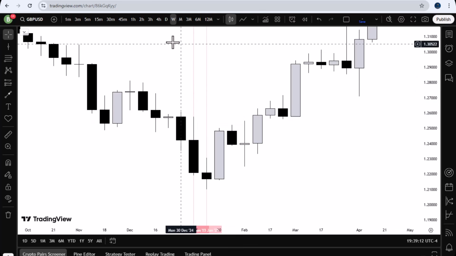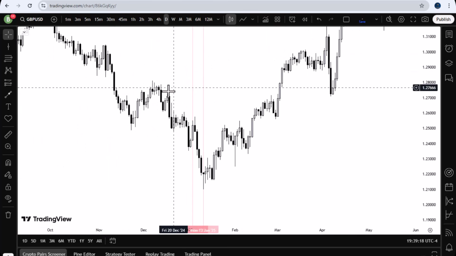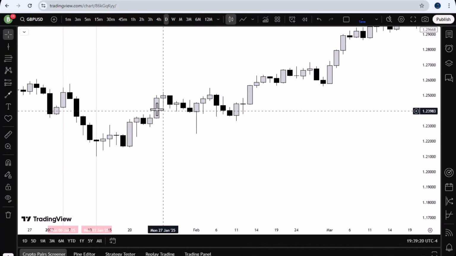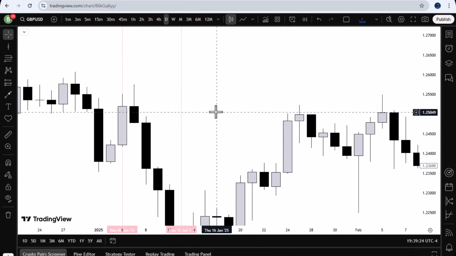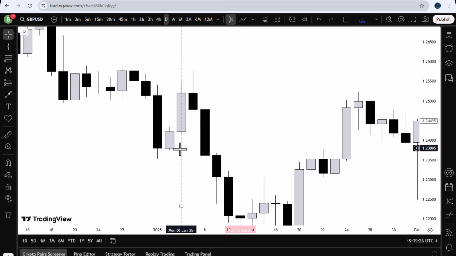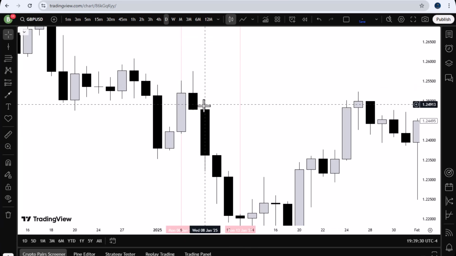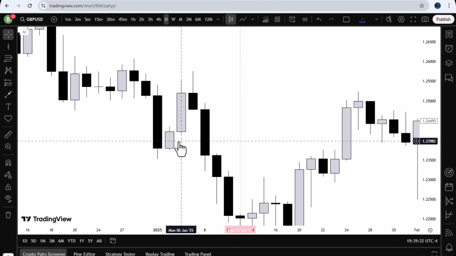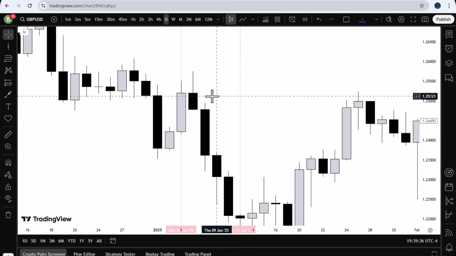Now, let's go from weekly to daily to look for manipulation. Now you can see here we have Monday trading higher, and it creates a range for you to prepare yourself for a trade.